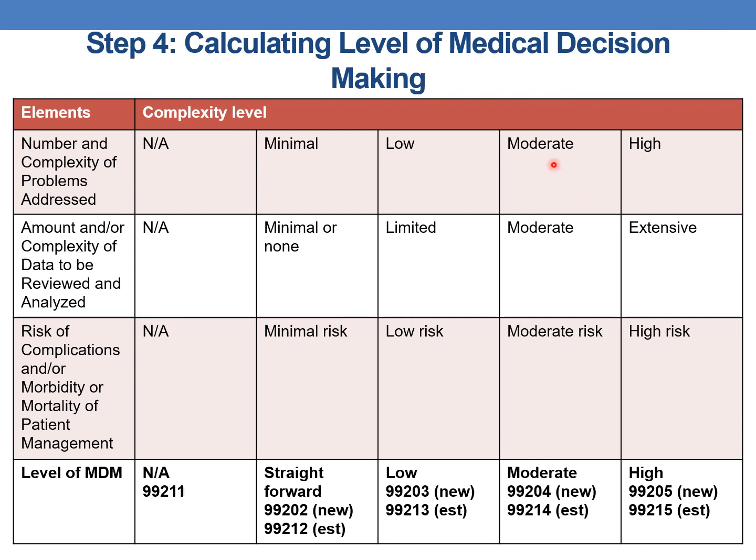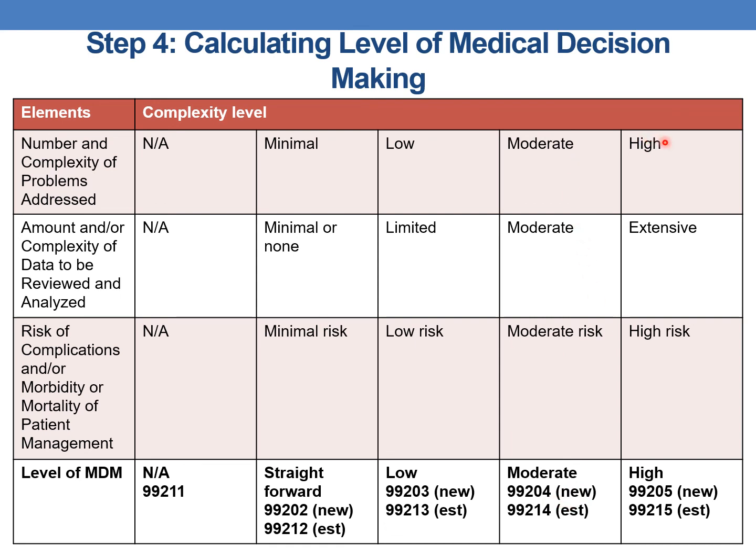The next is whenever the risk or complexity is moderate according to number and complexity of problems, the amount of data to be reviewed is moderate, and the risk of complications of mortality and morbidity is moderate. When all three are moderate, it leads to moderate MDM.